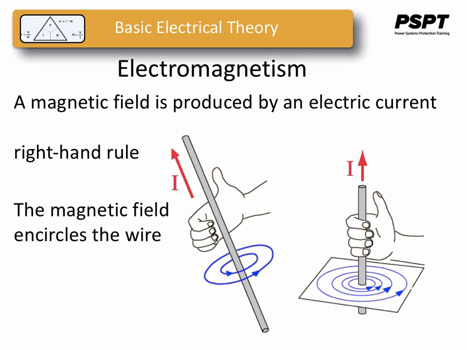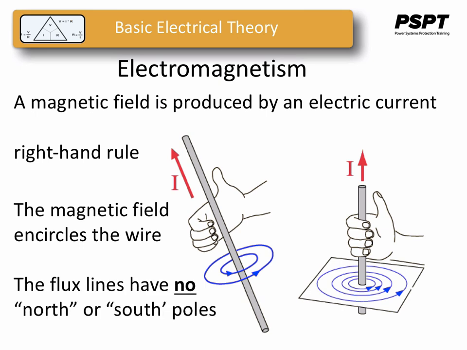And as I said, the magnetic field encircles the wire, and the flux lines have no north or south pole. They are continuous lines of flux that are formed around the wire.